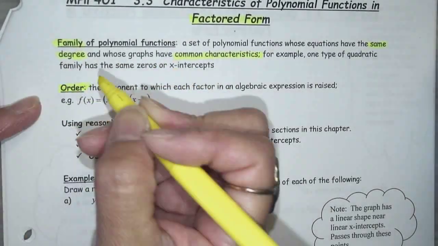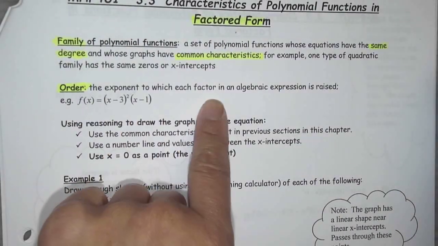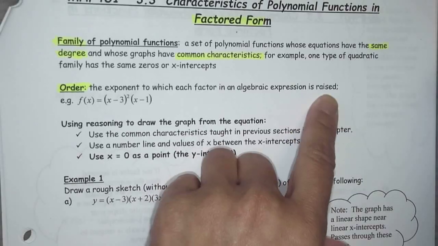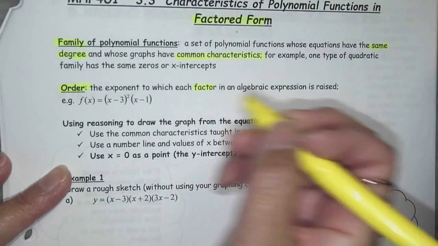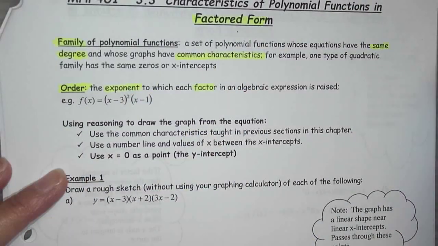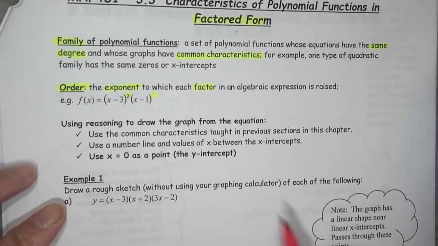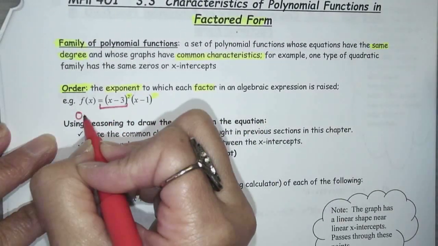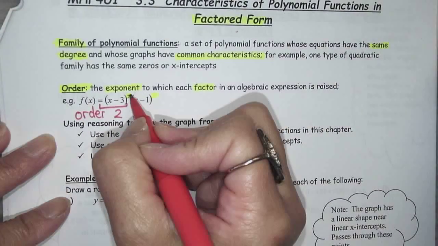Okay? Order is one that we're going to need to know, and we're going to use it a bunch. The order is the exponent to which each factor in the algebraic expression is raised. So this is the factor, and the exponent on the factor. Like here and here. This one has an order of 2 because of the 2.